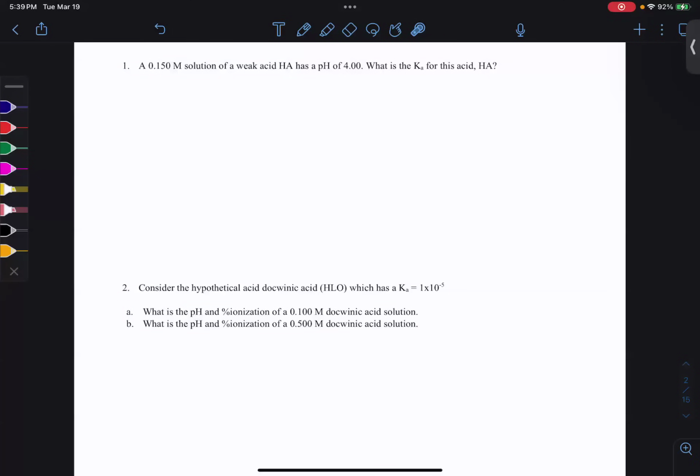So here I have a solution of a hypothetical weak acid. It has a pH of 4. What is the Ka for this acid, HA? So this is a weak acid, so we want to use an ice table for an acid. Since I'm asking you what Ka is, it would be best to write the Ka expression for HA, this weak acid, putting it into water. Since we're putting HA into water, I'm going to start with HA breaks up into H plus and A minus.